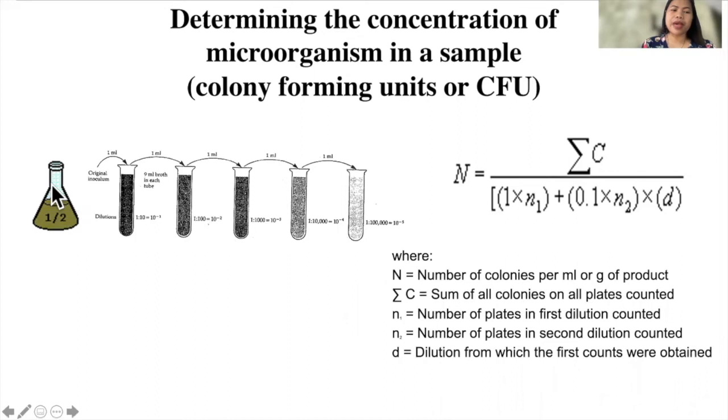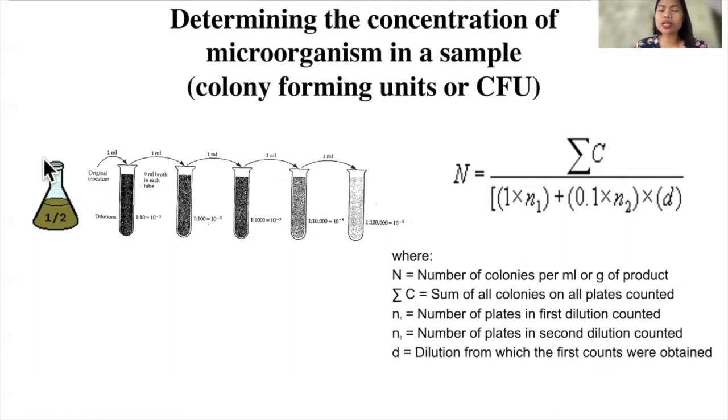You take 1 ml of this mixed well na sample, and then you put it in 9 ml broth. So 1 ml plus 9 ml, it becomes 10. So that's 10%. No, your sample is 10% of the whole sample mixture in the first tube. And then, so that's your 10 raised to negative 1.